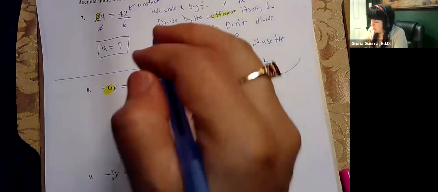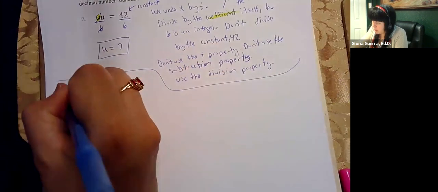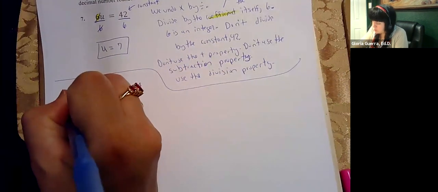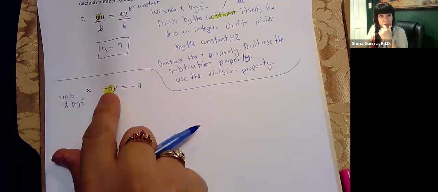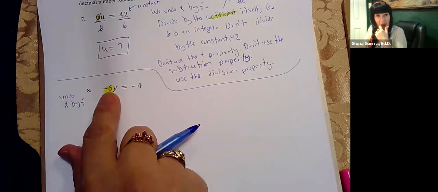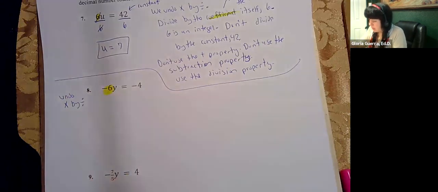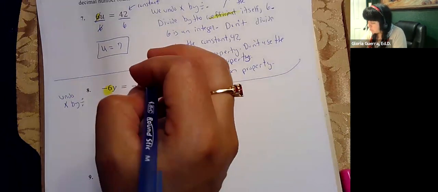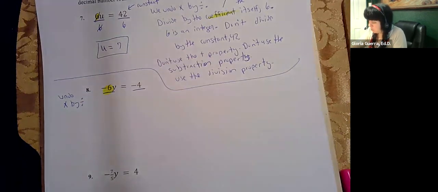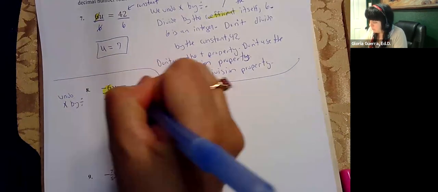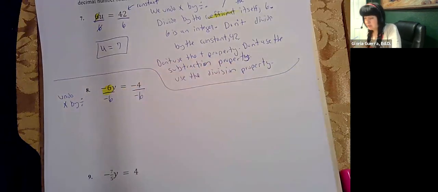So in math, remember, we undo multiplication by division. You want to undo this multiplication to get it isolated. So you're going to divide both sides by the coefficient itself. You're going to divide both sides by -6.